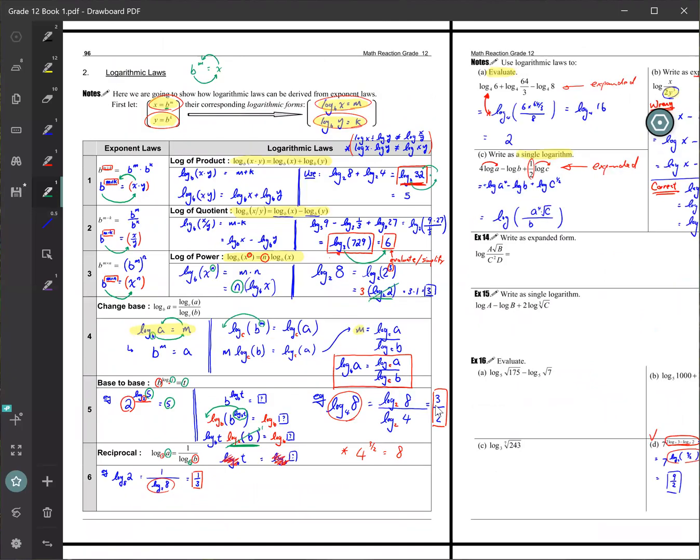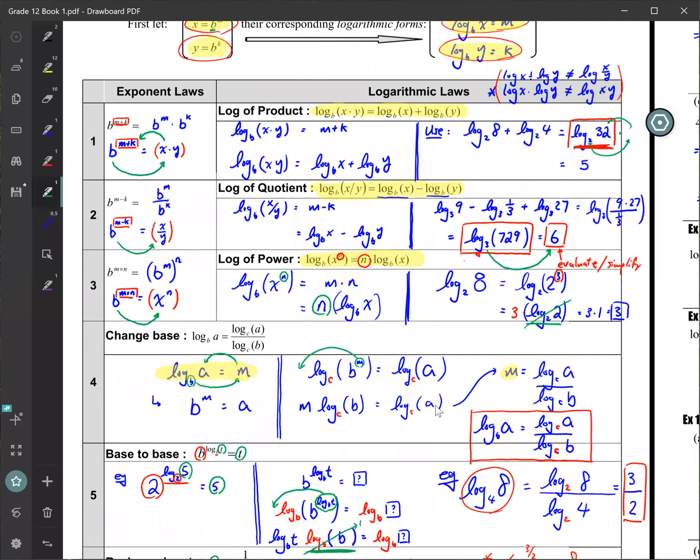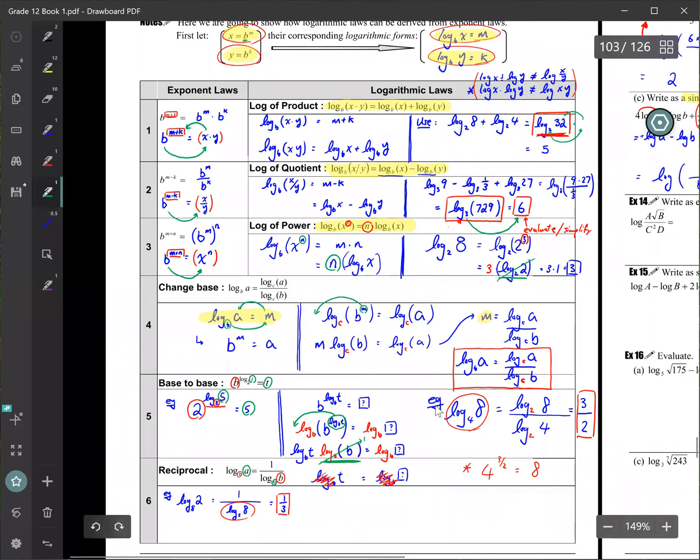Three. Number 3 is saying if you have an exponent inside the log, you can bring it to the front. Oh, okay, do we have an exponent in the log?